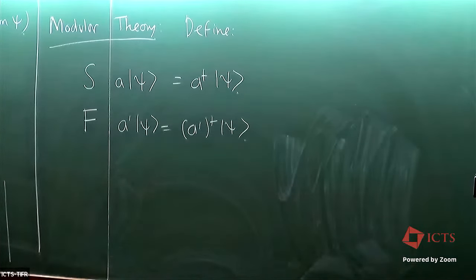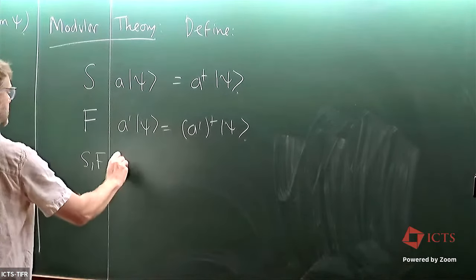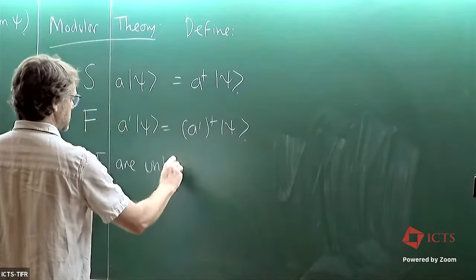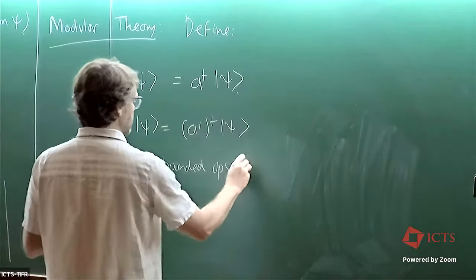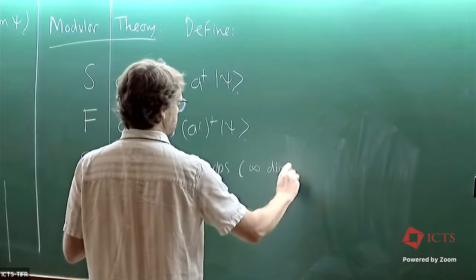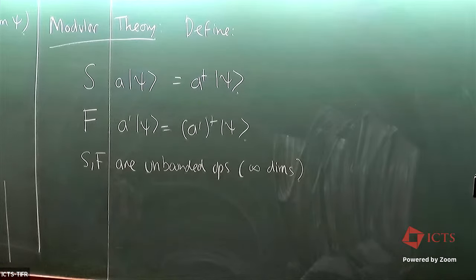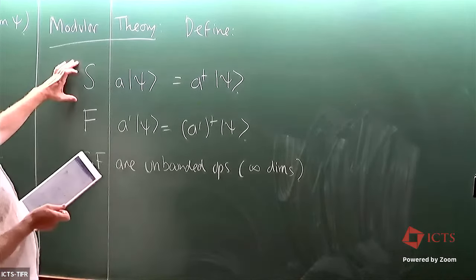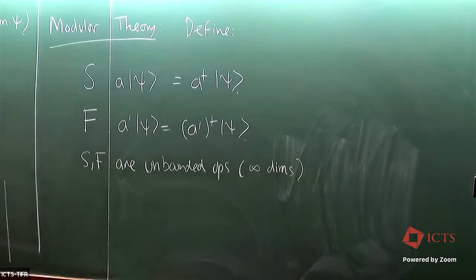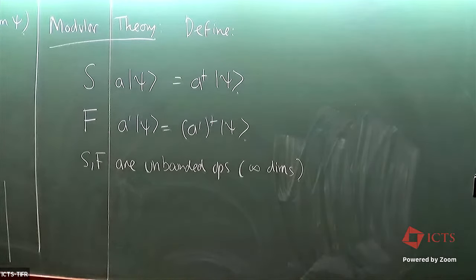In this form, S and F are unbounded operators, at least in infinite dimensions. There's some trickiness with unbounded operators, so we have to address that. In particular, we would like to do things with these operators that we can usually do with any operator, like many operators we're used to in quantum mechanics. We can take functions of those operators or do some spectral decomposition.